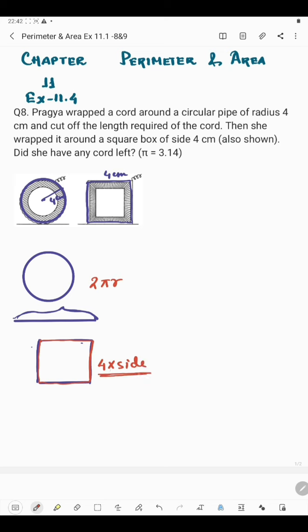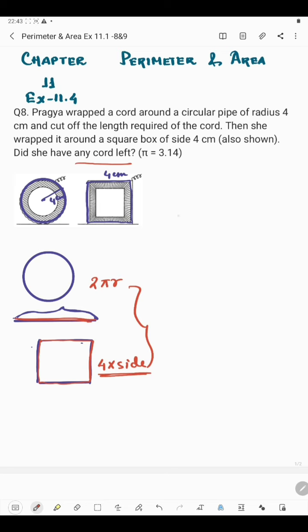This is the total length of the square. After this, to get how much cord is left, we need to subtract this too, because this is the cord she used to wrap around the circular pipe, and again she took this cord to wrap around a square box. So after wrapping it around a square box, how much cord is left with her?